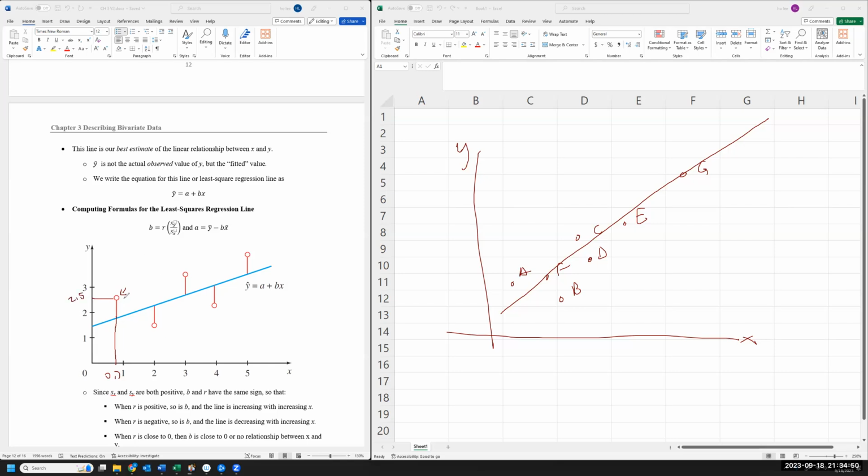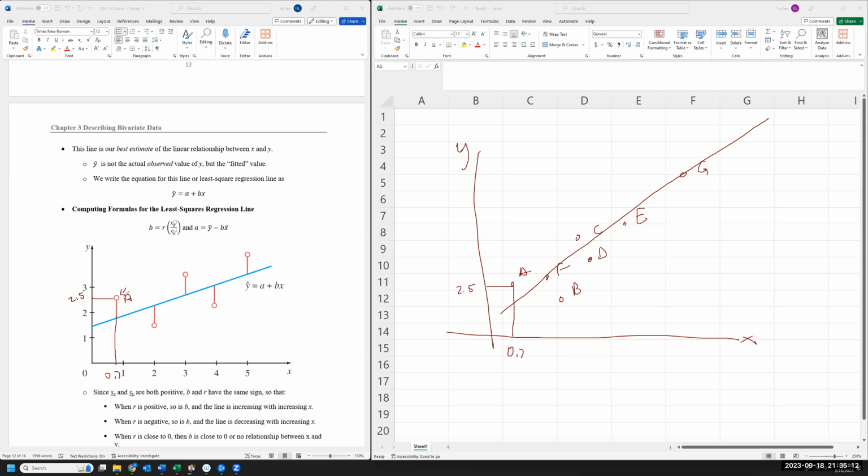So the data of that point is right here, A. That is the data. And x is 0.7 and y is 2.5. Okay.